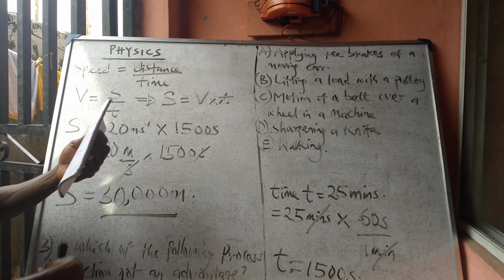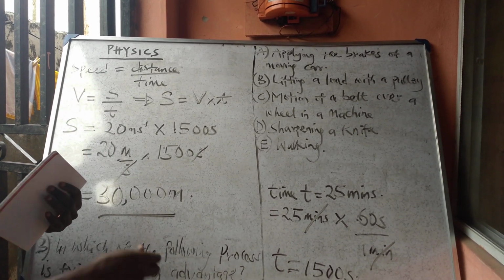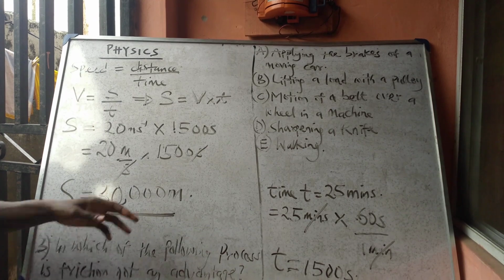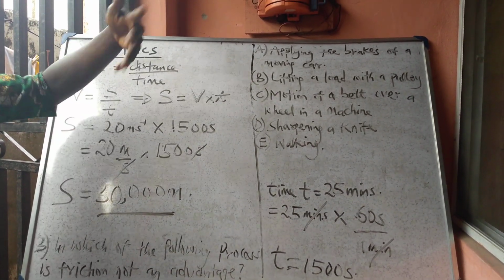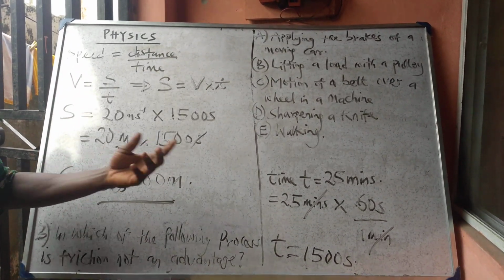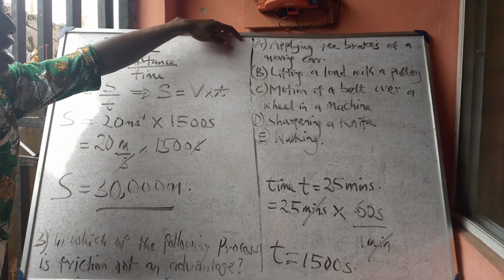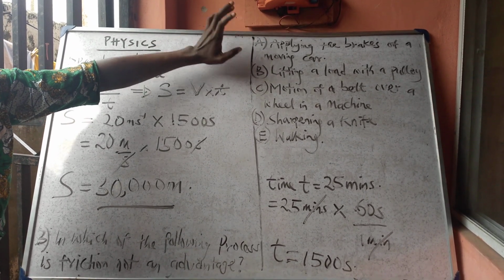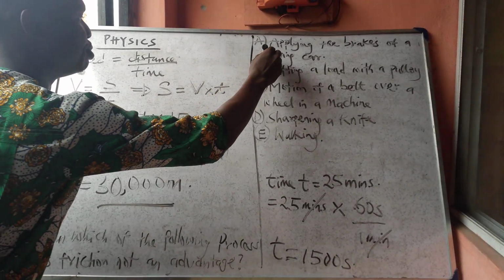When you rotate that particular wheel, you put the blunt edge of the knife and it sharpens it with the aid of friction. And without friction, walking will not be made possible. You just slip on the ground and fall. But it is via friction we humans can walk. So this is an advantage, this is an advantage, this is an advantage, this is an advantage, but B is not an advantage. So the correct answer is B.